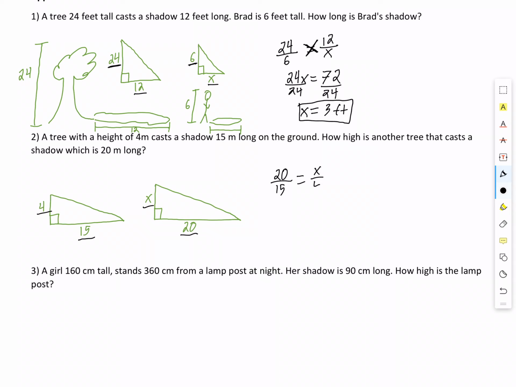Then we cross multiply. 4 times 20 gives us, anybody got a calculator? 3, 2, 1, 80. And then 15 times x gives us 15x. Okay, now let's finish this guy out, divide by 15.